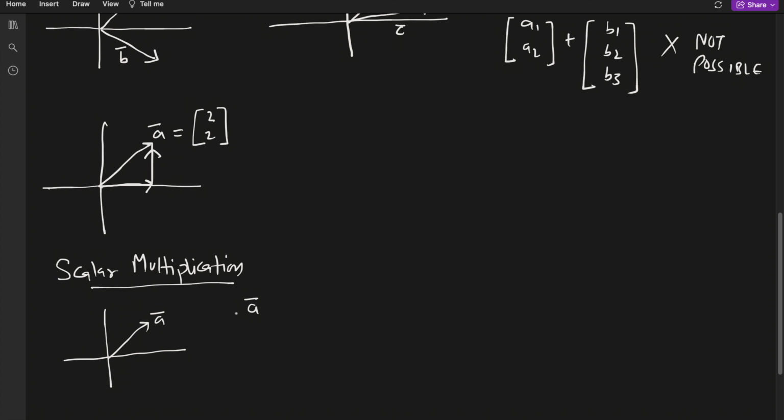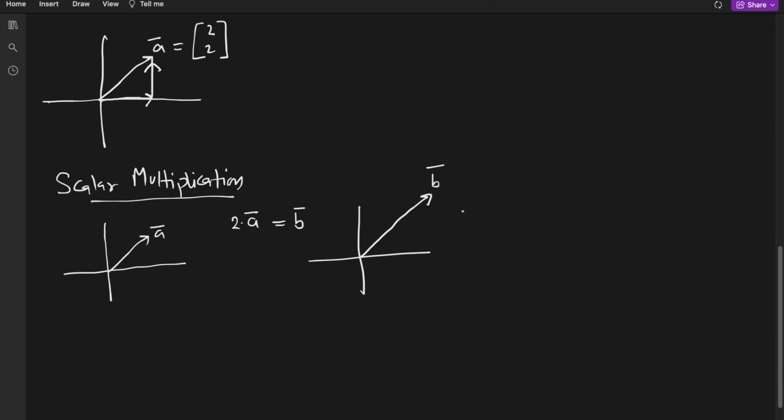So I can multiply it with a scalar, let's suppose 2, and what I get is another vector b whose length is twice that of a. So I will get another vector b whose direction is still the same, but it is twice in length as compared to a.